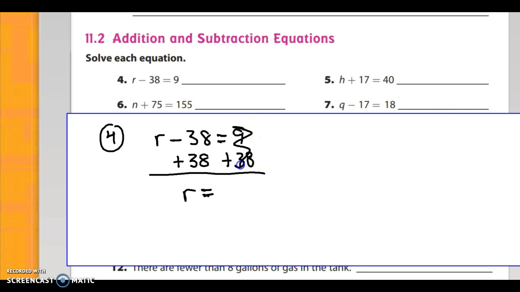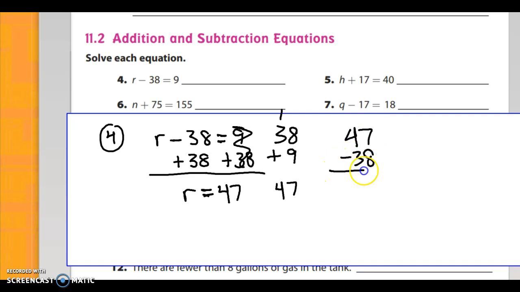Really, I should make it look like this. 38 plus 9. 9 plus 8 is 17. And 3 plus 1 is 4. The answer is 47. And I can check that simply by going, what's 47 minus 38? It should be 9, because I would borrow here and make this 17. 17 minus 8 is 9, and 3 minus 3 is nothing. It's 9. So I know the answer is r equals 47.